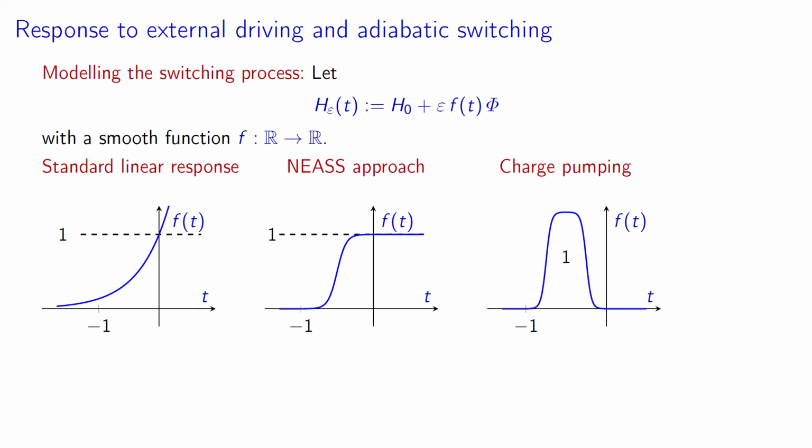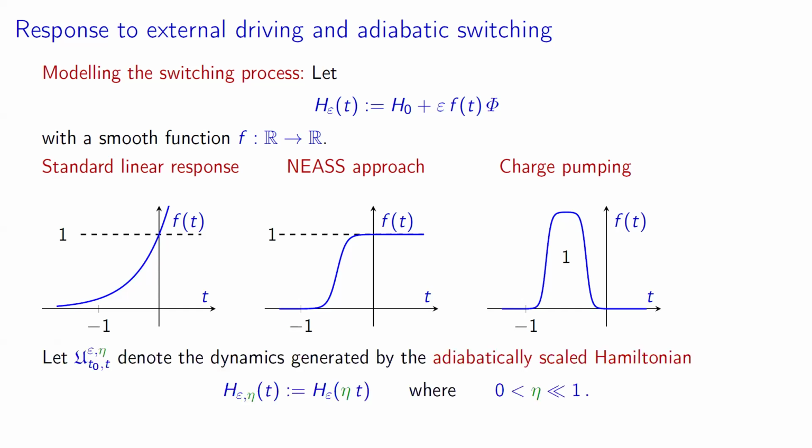What we expect is actually that if this picture I showed you is correct, the solution to this equation will be constant once this function f is constant again. Or, and that's the third possibility, which is used a lot in this community of explaining quantum Hall physics, it's charge pumping. We just turn it on and off again and see what kind of charge we transported in this process.